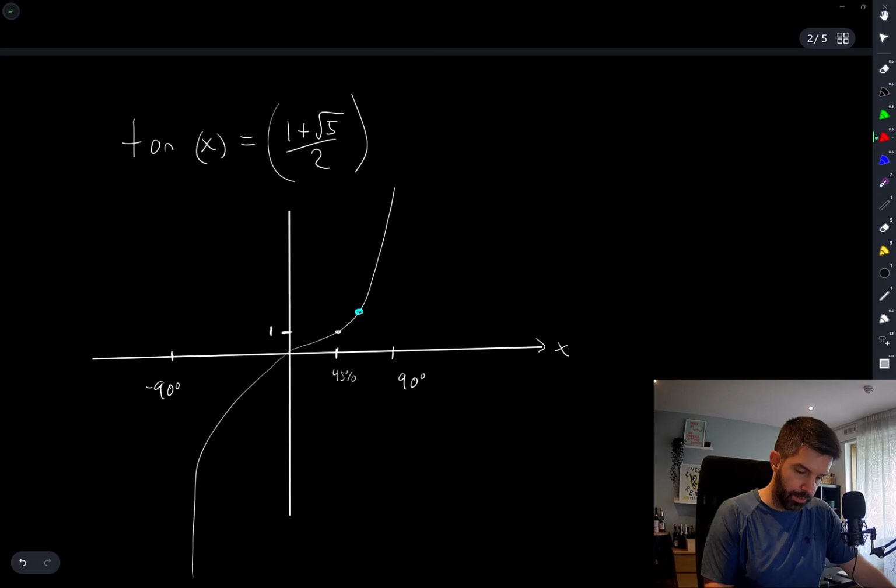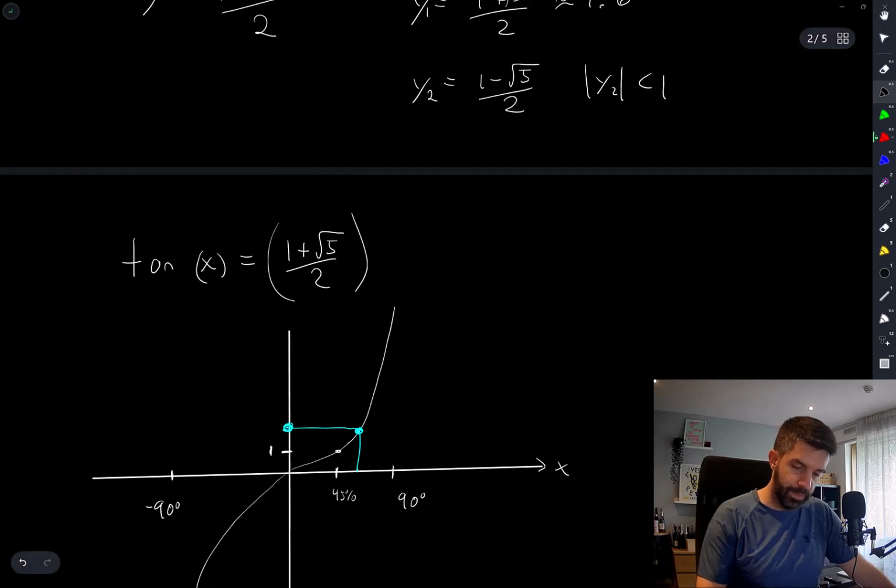I don't think any other values are going to work.